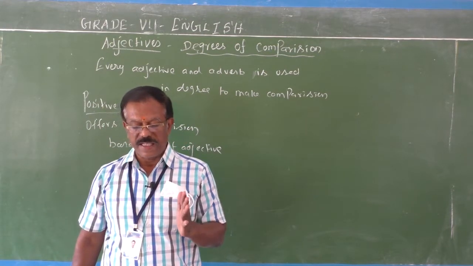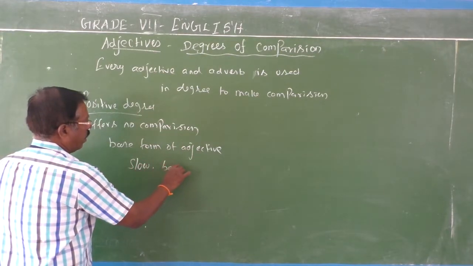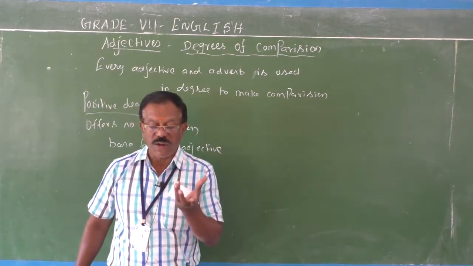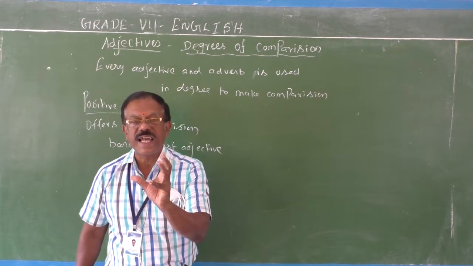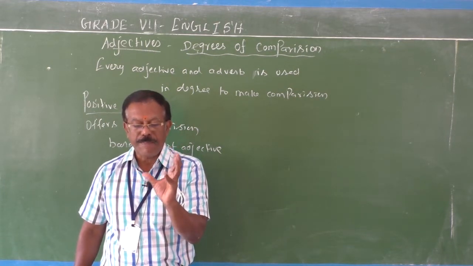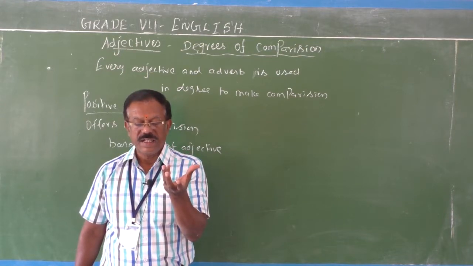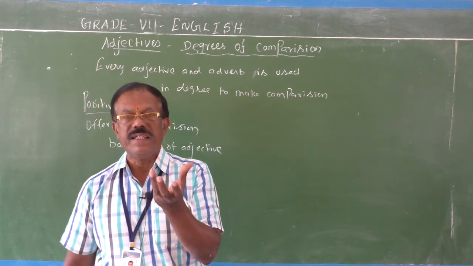What quality does the noun have? See, slow, beautiful. Rose is a beautiful flower. He is a happy man. I am happy today. It's a slow passenger train. In the same way, he walks slowly.